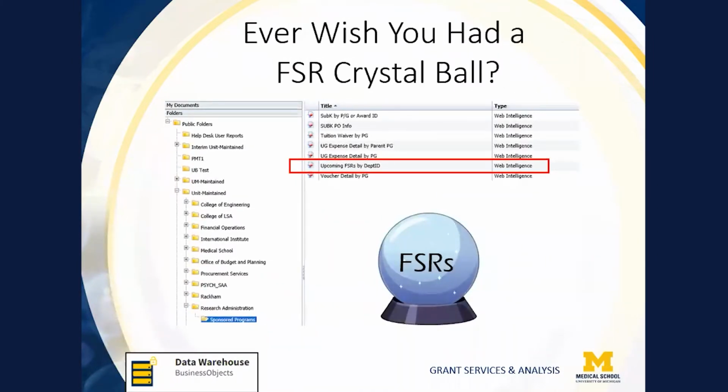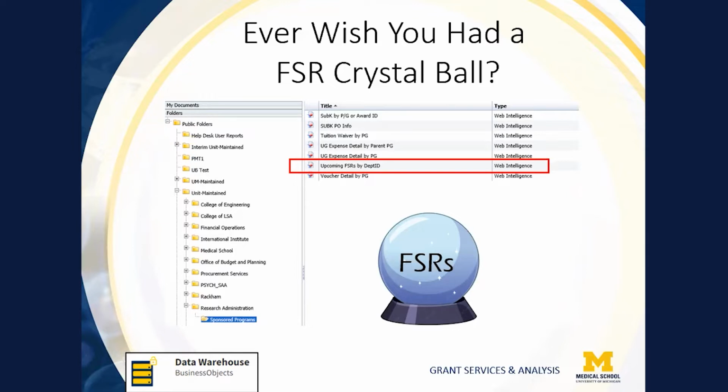So how many times have you sat at your desk and thought, oh my gosh, I wish I had an FSR crystal ball that could tell me what reports I have coming due, so that I didn't feel blindsided when that information was hitting my inbox. There is a report out there in the data warehouse in business objects called Upcoming FSRs by Dept ID.